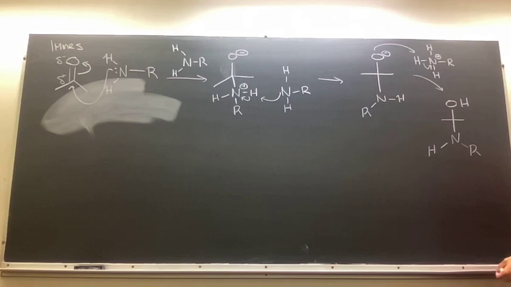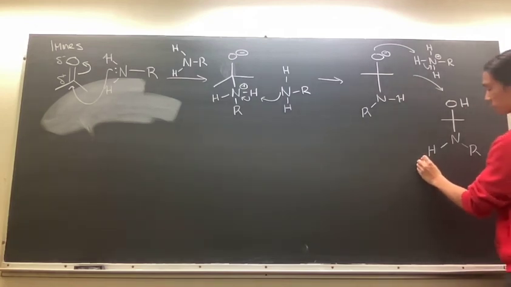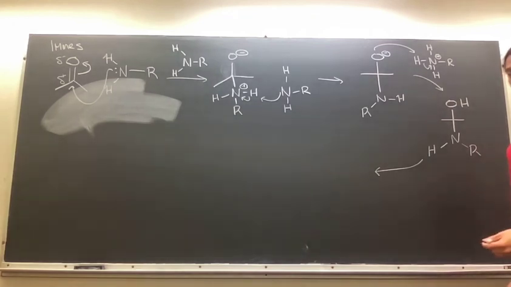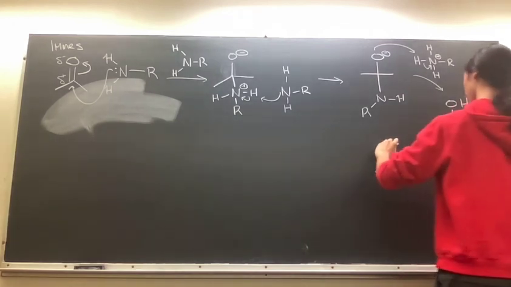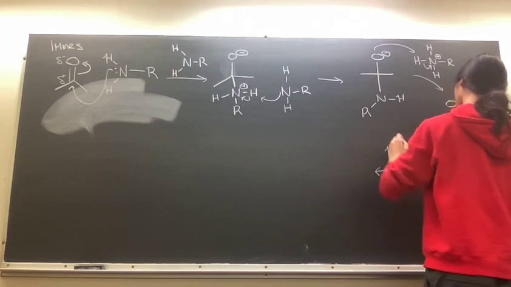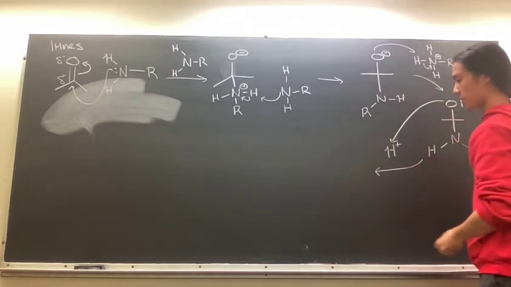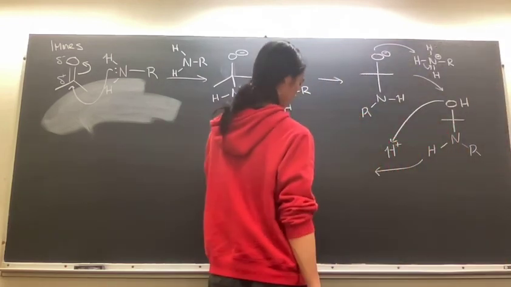Alright, so now we need to make this a leaving group. In order to make a leaving group, we should probably protonate it, because water functions as a pretty good leaving group. So we'll have our acid and protonate our oxygen one more time.